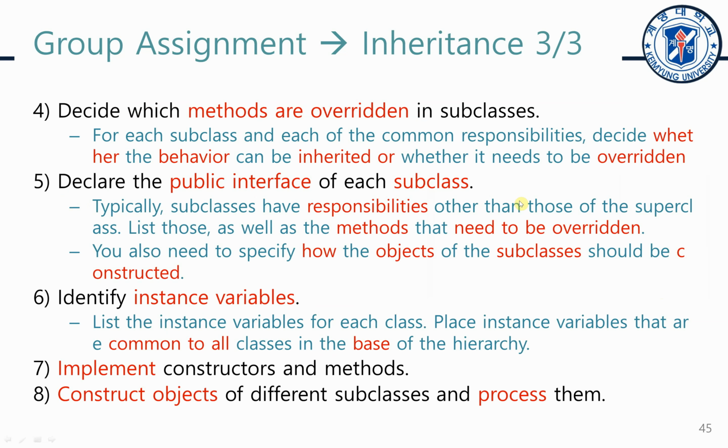You can decide methods to be written by the saving and checking accounts from the bank account superclass. You declare some of the public interfaces or methods of subclasses, and then you can identify some instance variables such as account number, name, or interest, something similar to this.